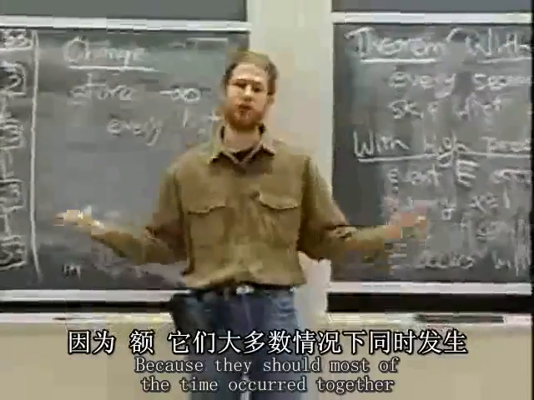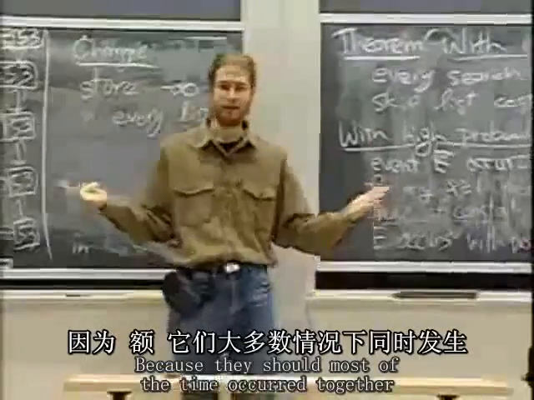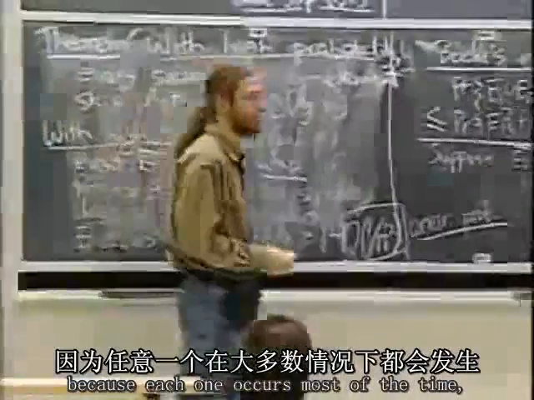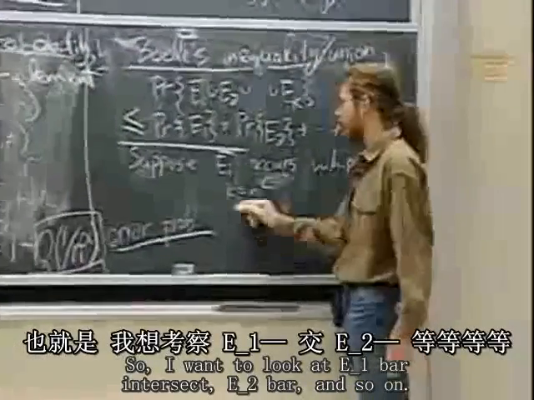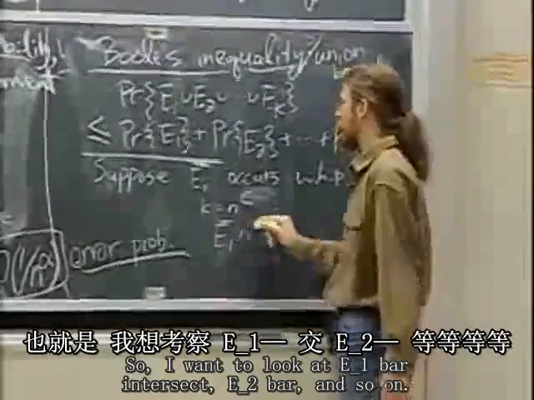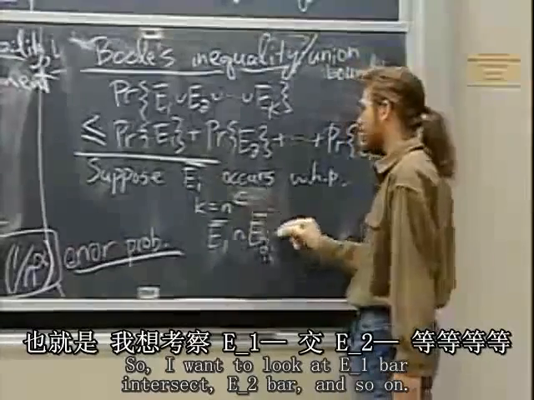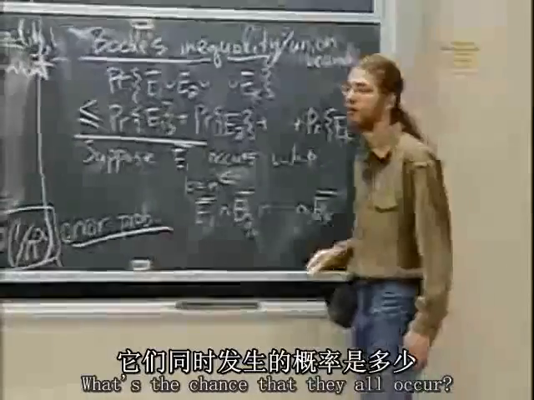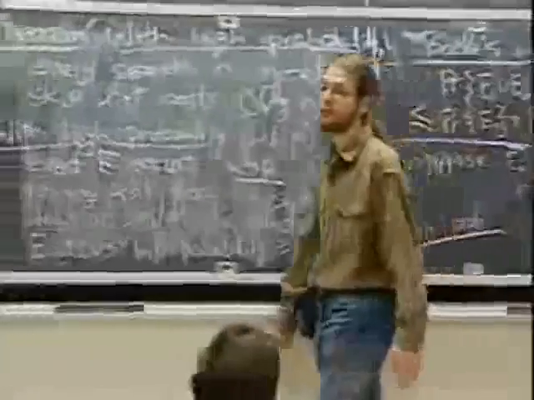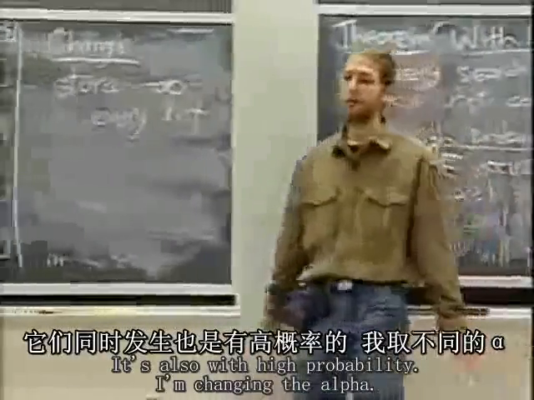Because they should, most of the time, occur together, because each one occurs with high probability. So I want to look at E1 bar intersect E2 bar, and so on. Each of these occurs with high probability. What's the chance that they all occur? It's also with high probability.